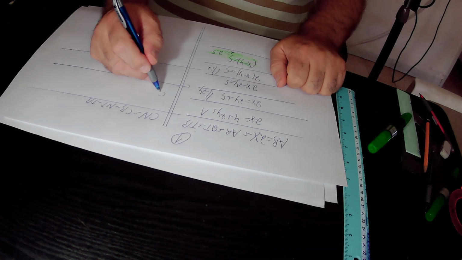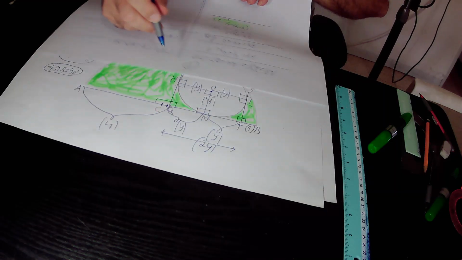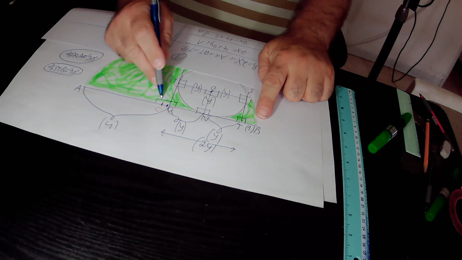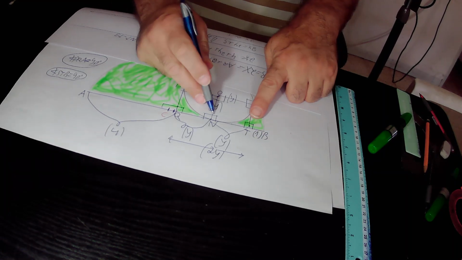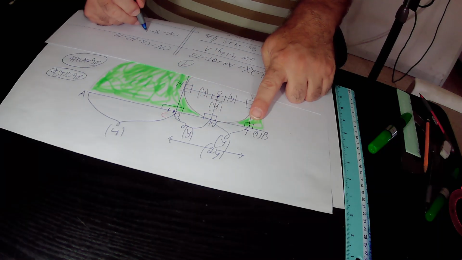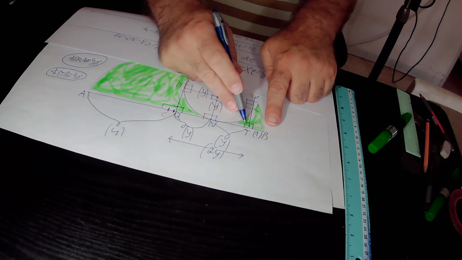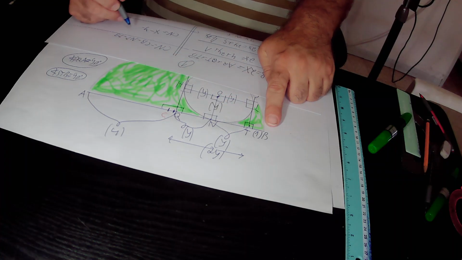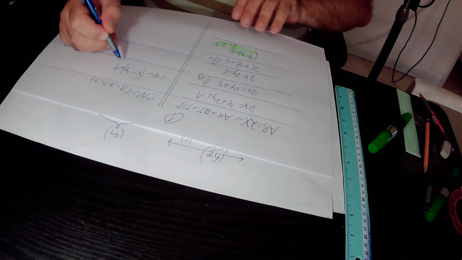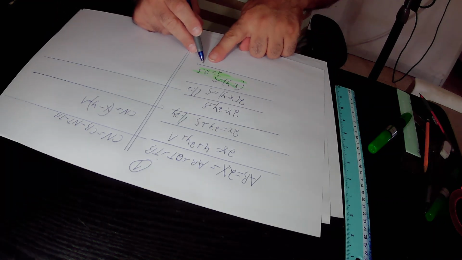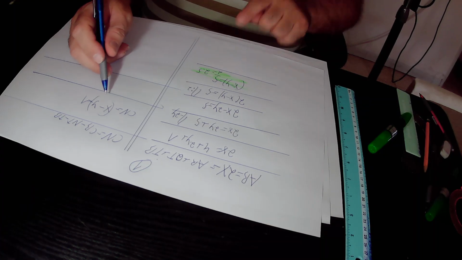So CN in total equals CB. CB is the radius of this semicircle, that equals x. Minus NT. NT is y. Minus TB. TB equals 1 unit, according to what is given in the question. So in total we find that CN equals x minus y minus 1. X minus y is 2.5, so we substitute x minus y here by 2.5.